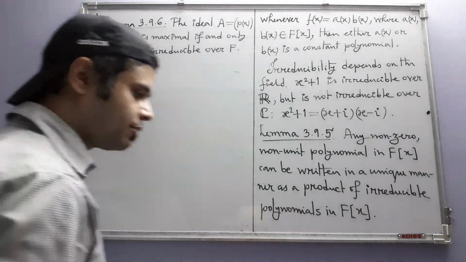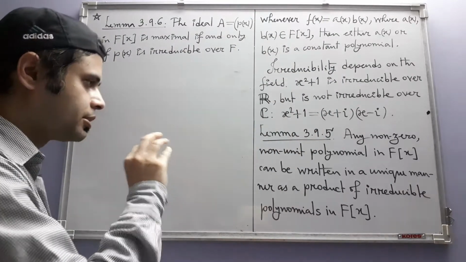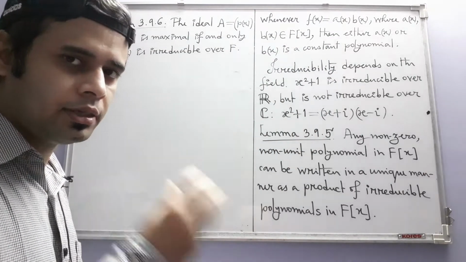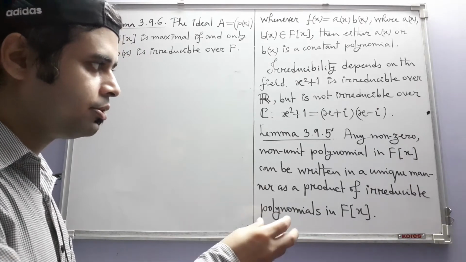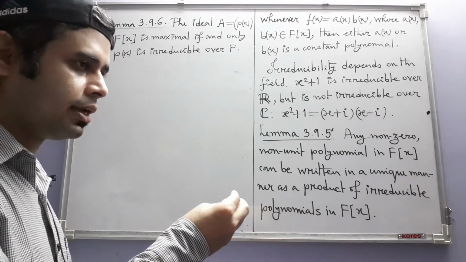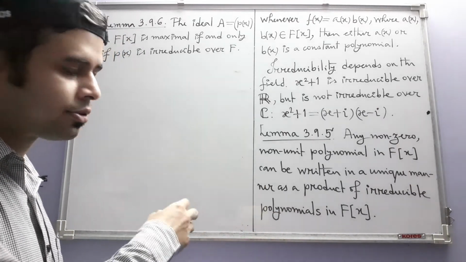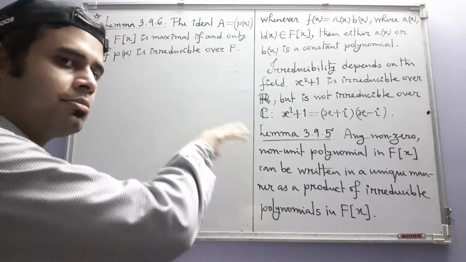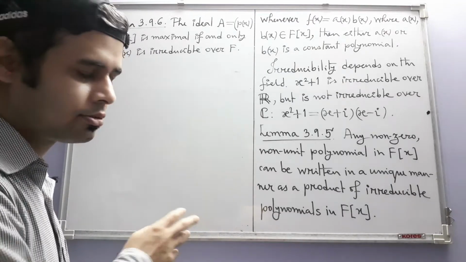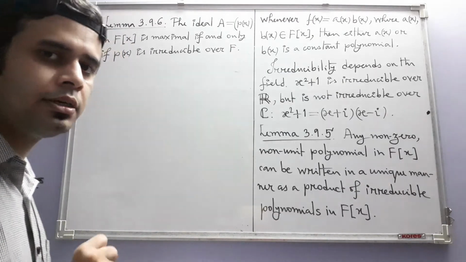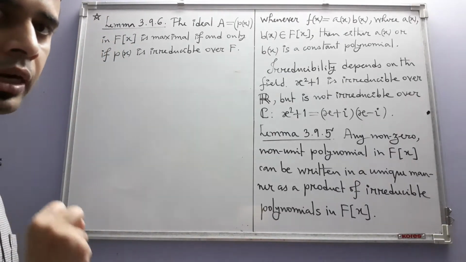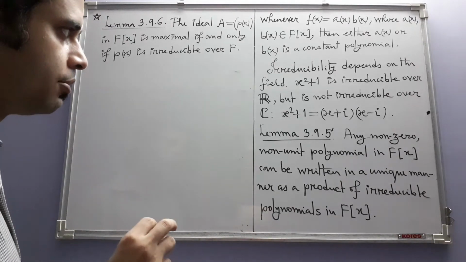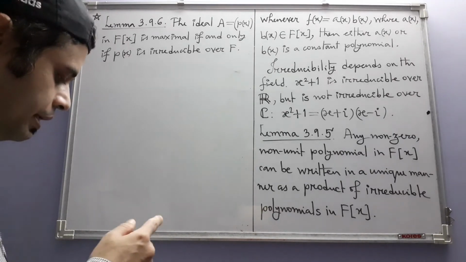And this technique of considering an irreducible polynomial in a polynomial ring where a field is given, and then forming a maximal ideal and then forming a field by constructing the quotient, this is a standard procedure for constructing fields in general, which we are going to use in the exercises.